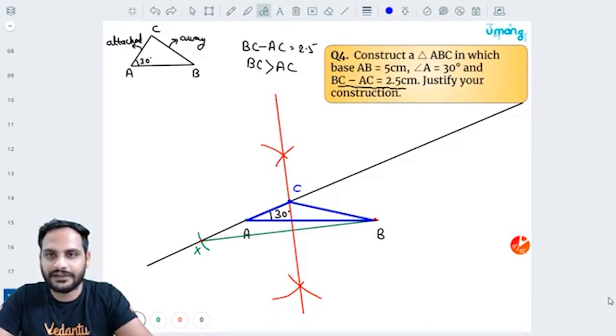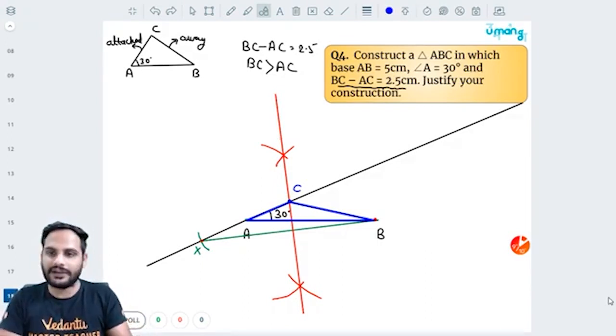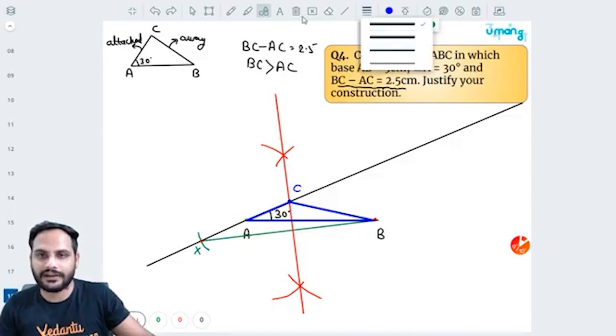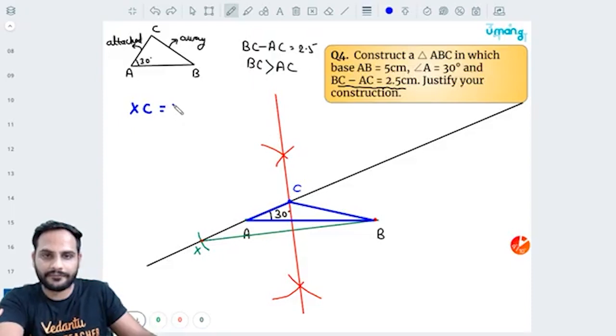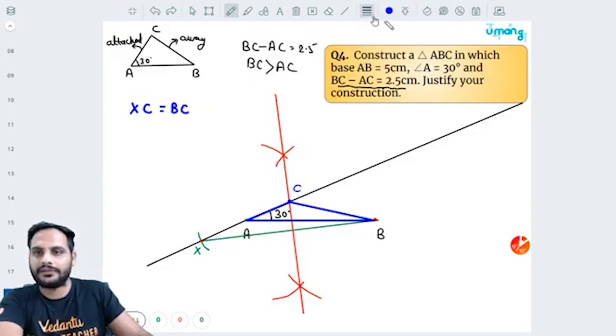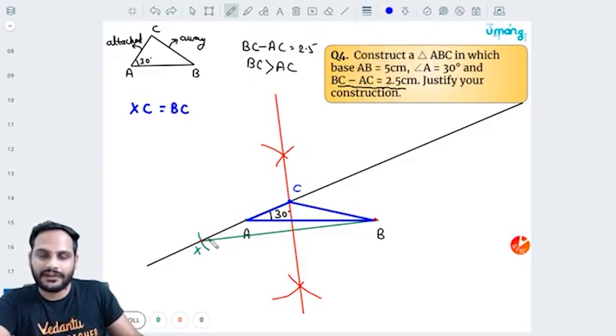Okay, is it clear? Again, the justification will be exactly the same. First thing, since C is on the perpendicular bisector of XB, I can say XC is equal to BC. Now, second thing, XA is equal to 2.5 centimeter.